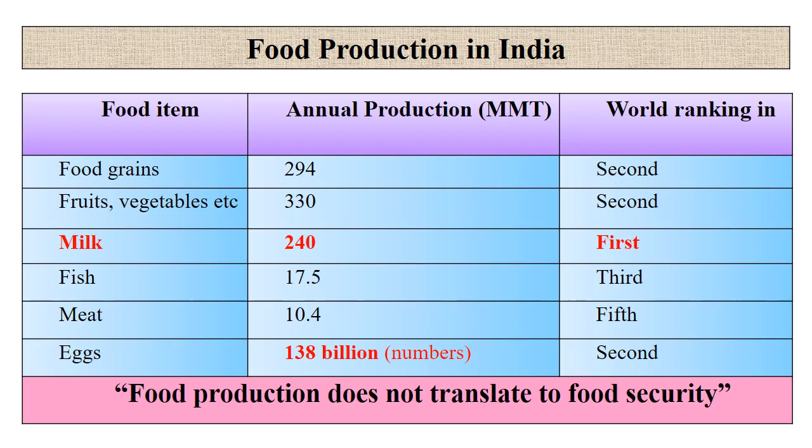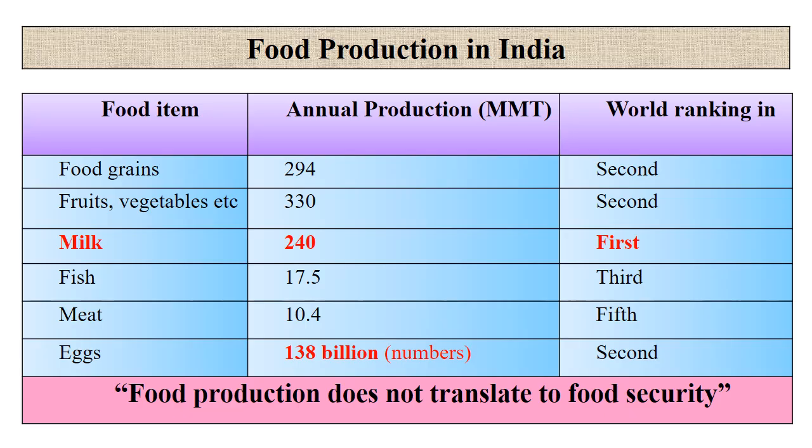The next is fruits and vegetables including other horticultural crops, which is around 330 million tons in round figures. This is again sufficient for the Indian population.